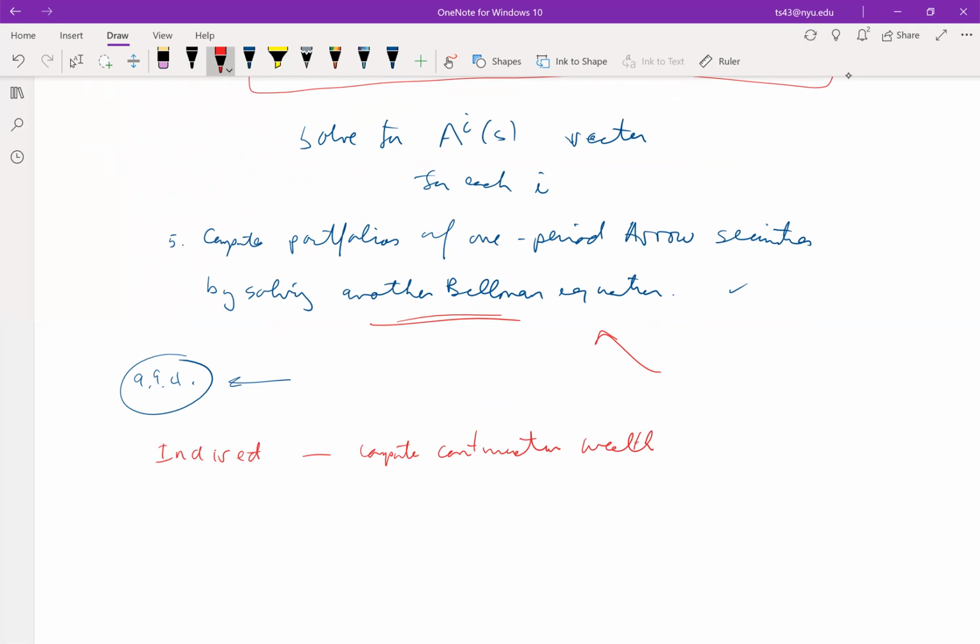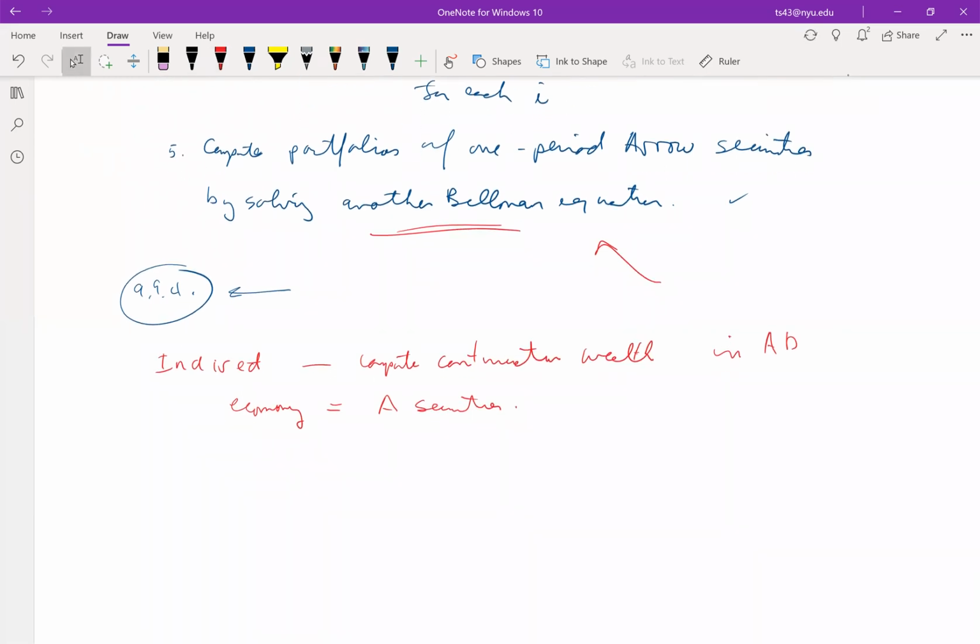I could say I'm computing continuation wealth in an Arrow-Debreu economy, but that's going to turn out to be equal to the same thing as in the Arrow securities economy. They're going to be equal.